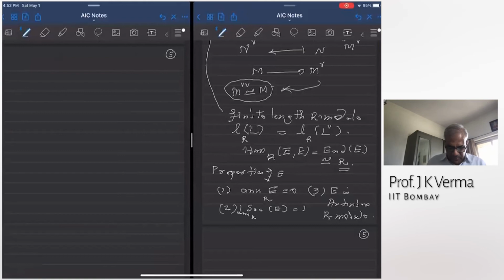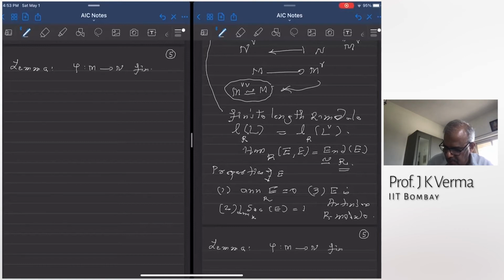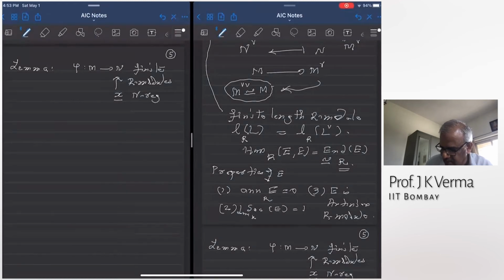Okay, so there was one preparatory lemma that I proved last time. Let me recall that. So suppose M and N are finite R modules, and x-bar is an N-regular sequence.